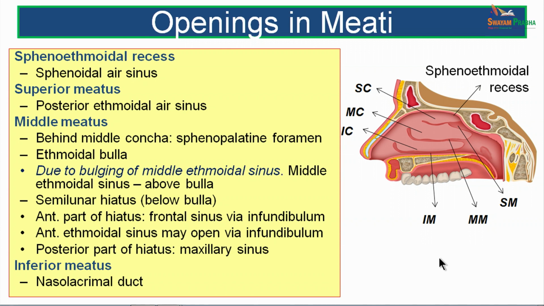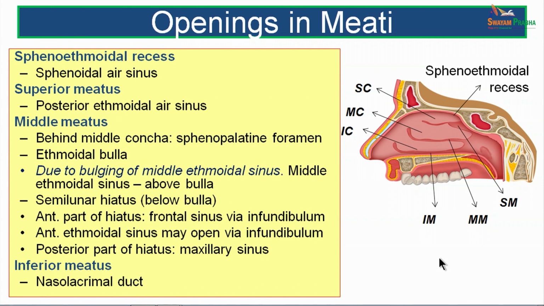This is a crescent shaped groove which is seen between the bulla ethmoidalis which lies behind and above it and the uncinate process of the ethmoid bone which lies anterior and below it. This semilunar hiatus at its anterior end is expanded to form a funnel shaped structure which is called the infundibulum.